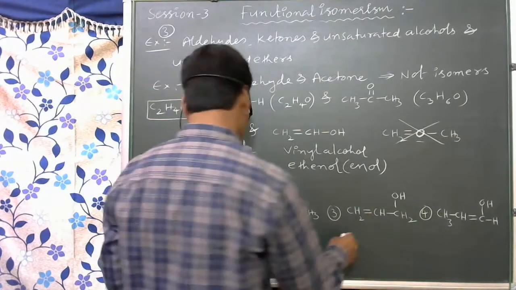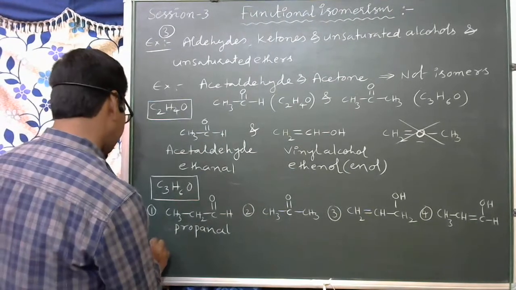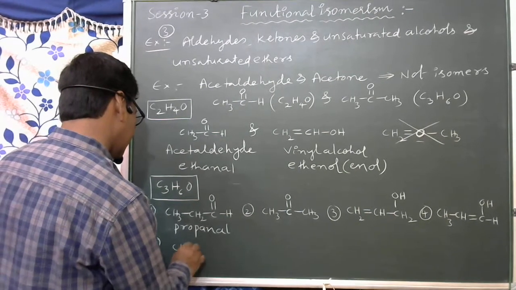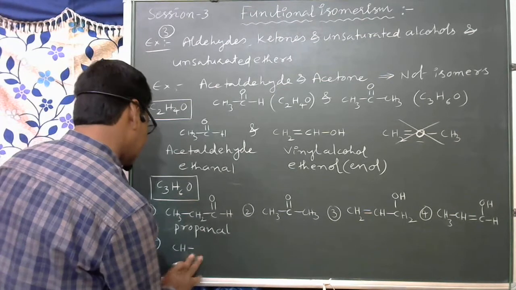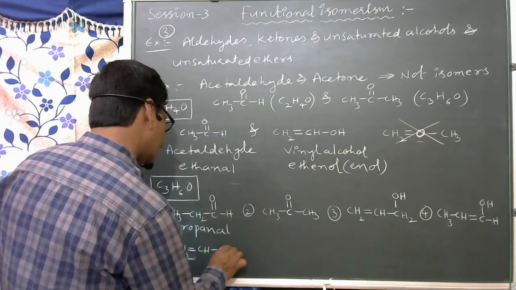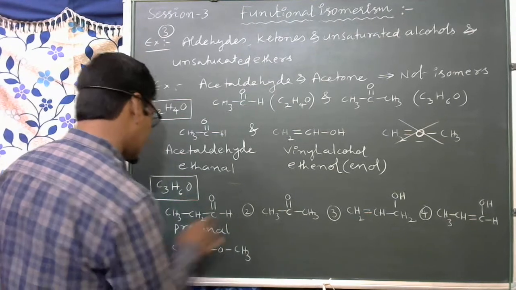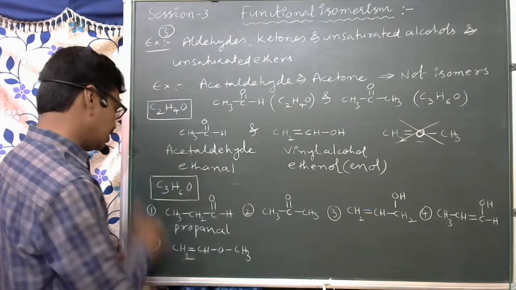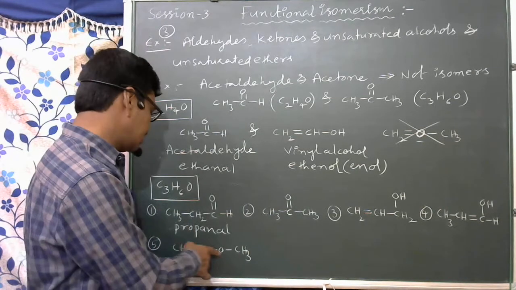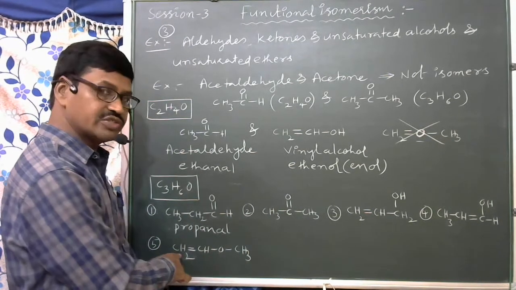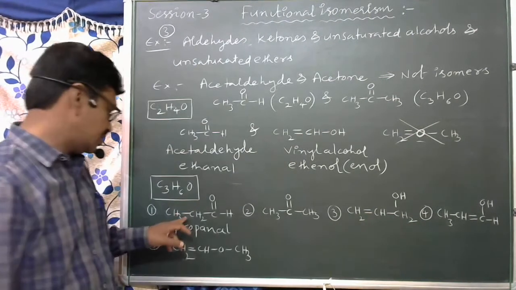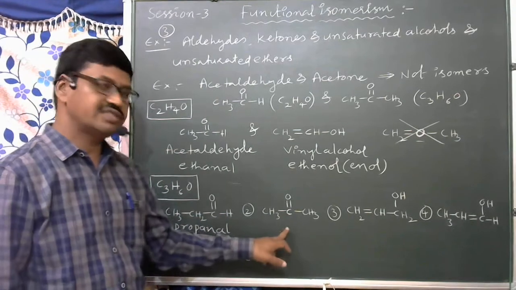How can we write the ether? Here I am writing the fifth one: CH2=CH-O-CH3. See here, 3 carbons and 6 hydrogens, and 1 oxygen. So this is an unsaturated ether. These are unsaturated alcohols, and this is an aldehyde, and this is a ketone.